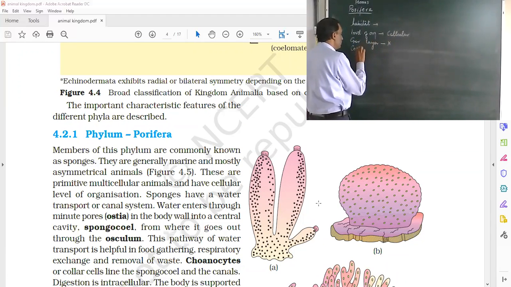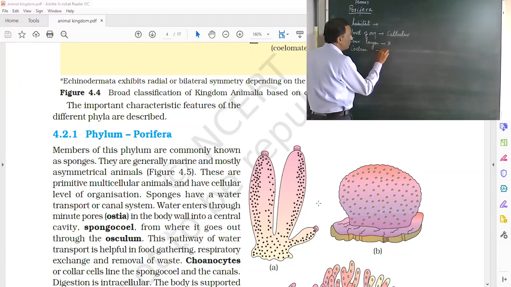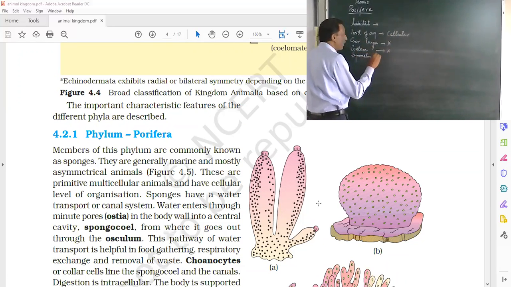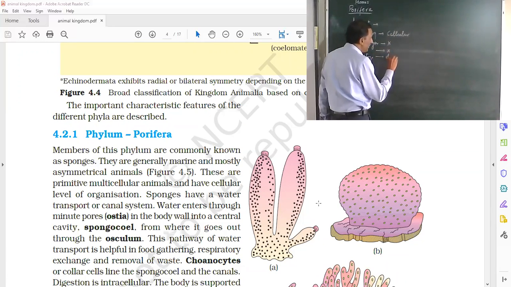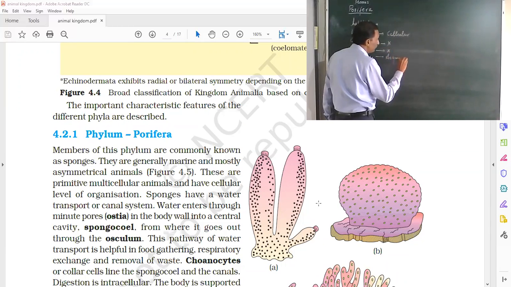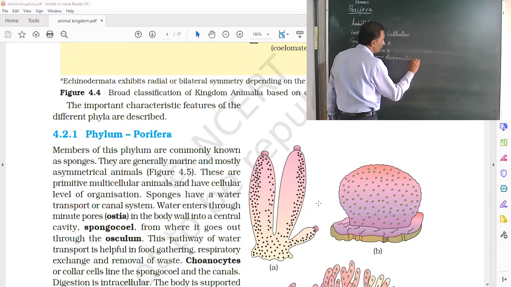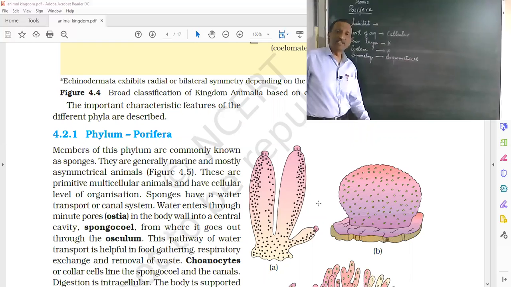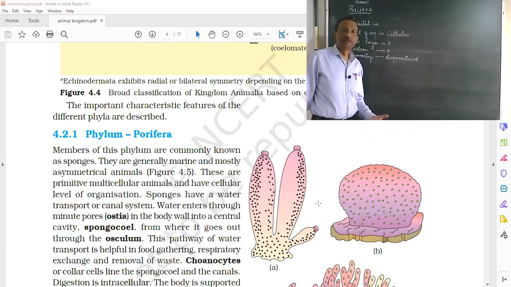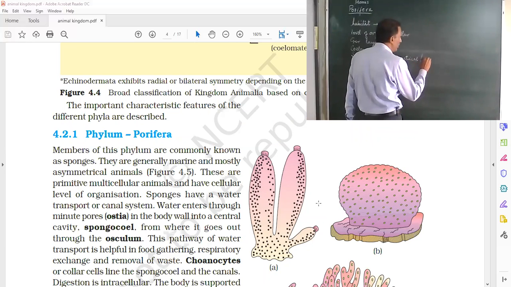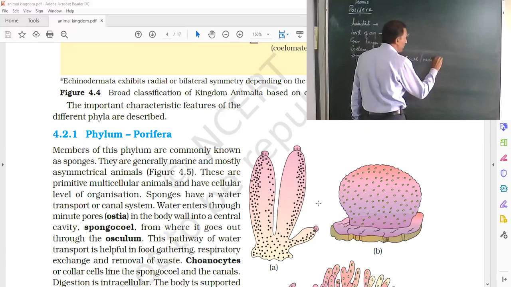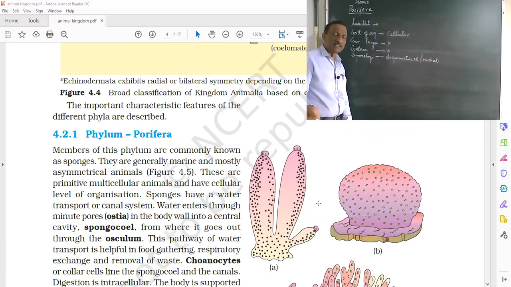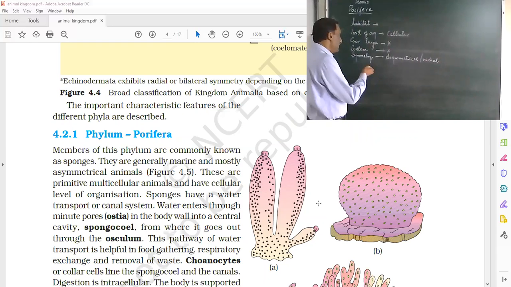Coelom, out of question. Symmetry. They are asymmetrical. However, some of them may show radial symmetry, but that is a matter of chance. Segmentation.